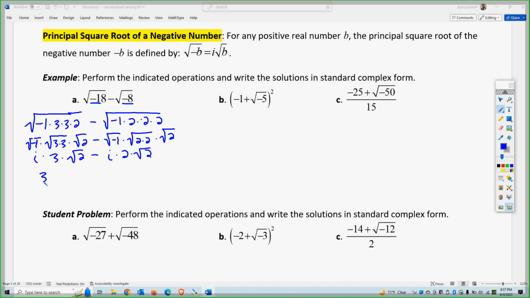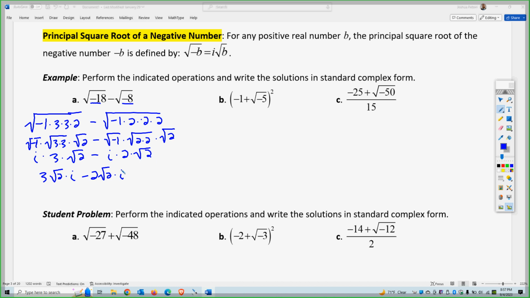So I get 3 root 2 i minus 2 root 2 i. You should write them with the extra multiply symbol just for the i itself, because it's always unclear when handwriting with students whether the i was in the radical or not, which it's not. It's outside the radical. But just to make it doubly clear, do that. So this is really like terms now.